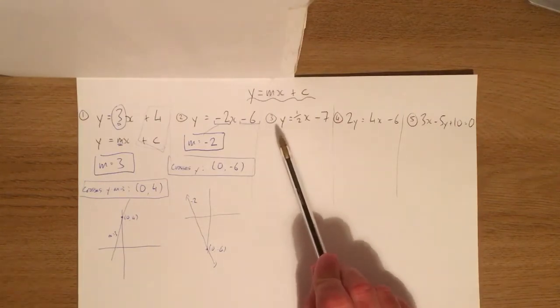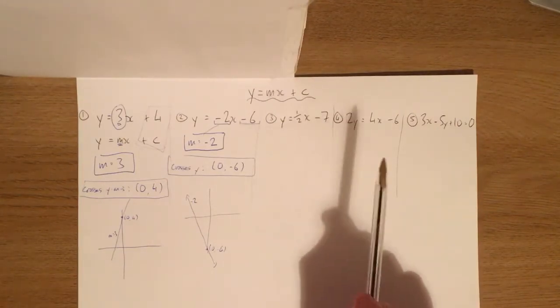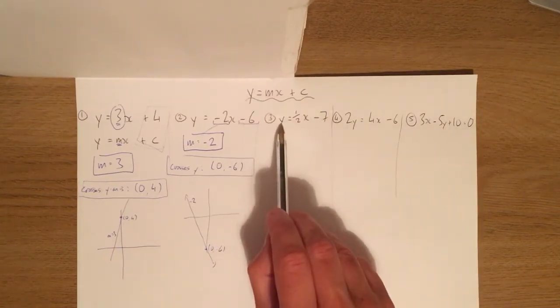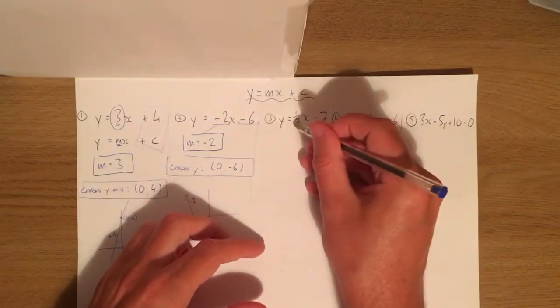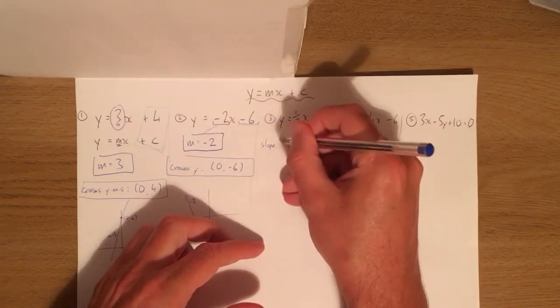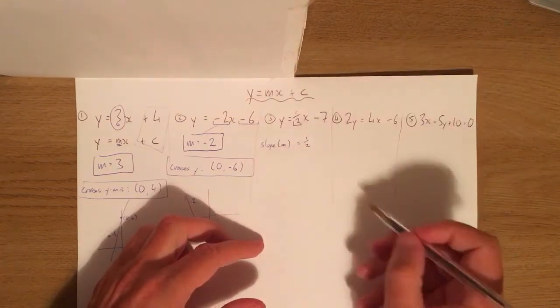Next one, y is equal to a half x minus 7. Is this in the form I want? Yes. Y is on its own on the left hand side. Okay, so I can just read off this what's in front of the x. It's a half, so your slope m is equal to a half.